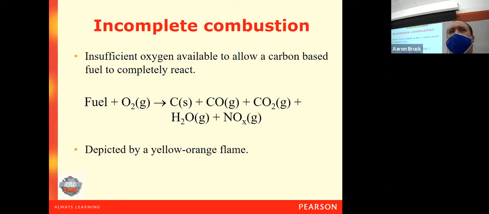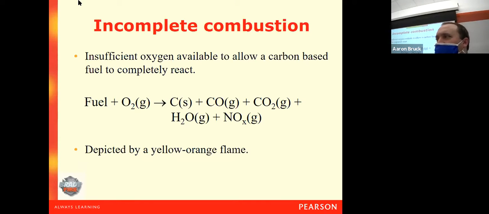So instead of getting only carbon dioxide and water, we get those, but we get some other stuff as well. We get an incomplete breakdown of the carbon. We get carbon solid, which comes out as smoke. We get carbon monoxide. And depending upon what else is around, we might also get some NOx gases as well.